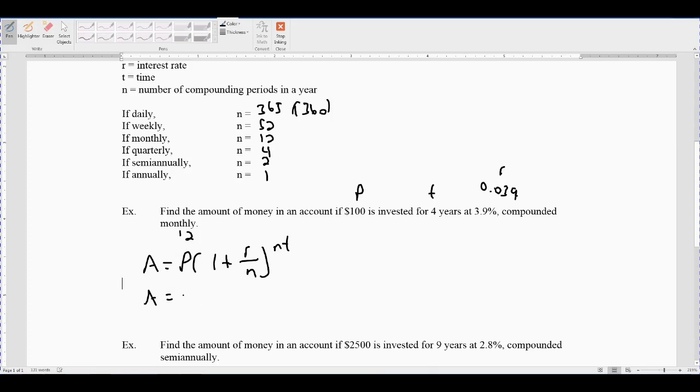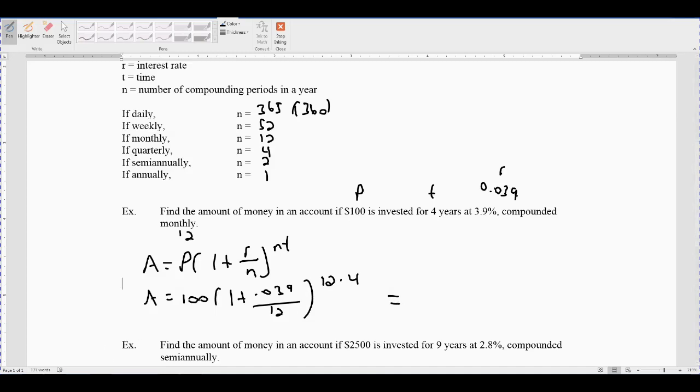P is 100, R is 0.039, N is 12, and for T, I'm going to use a dot for times, times 4. The only question that remains is, can you find the answer from your calculator?